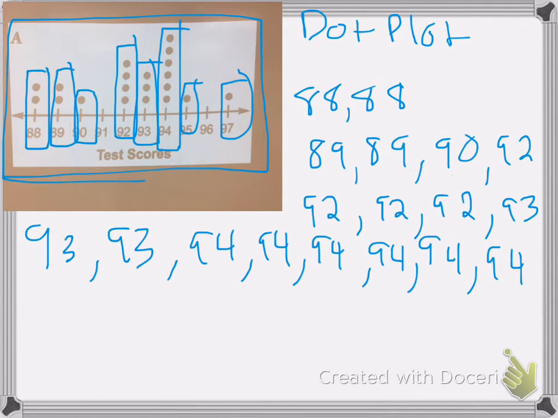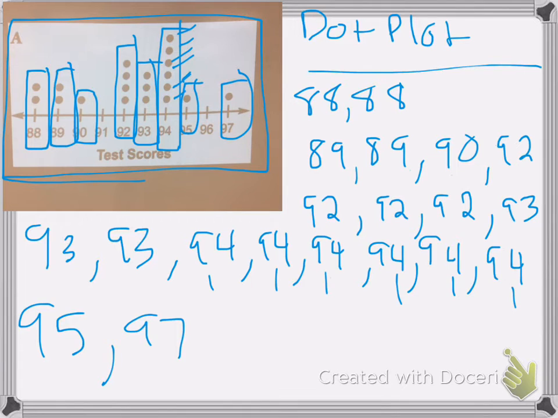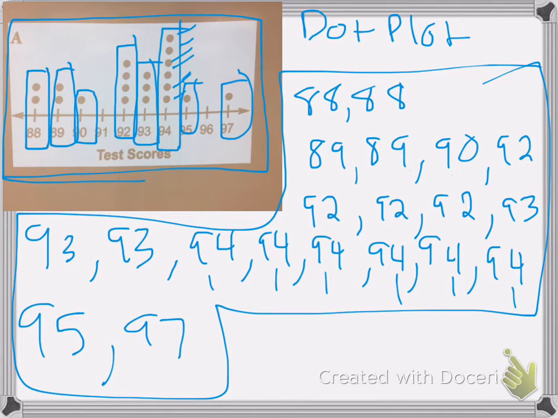You can see 1, 2, 3, 4, 5, 6 of those. Then we had a 95 and a 97. So all of this data that we just wrote down goes with that dot plot. That's how you read a dot plot.